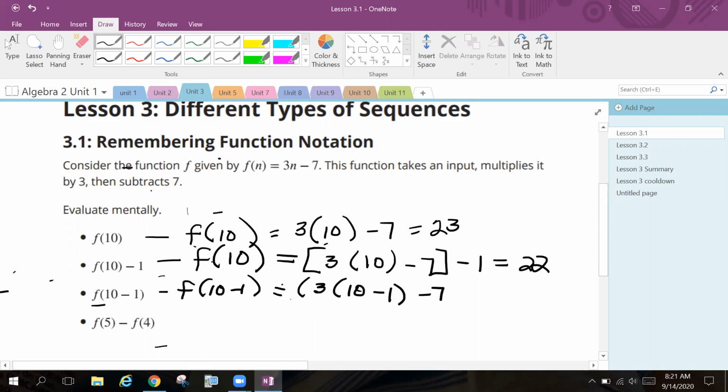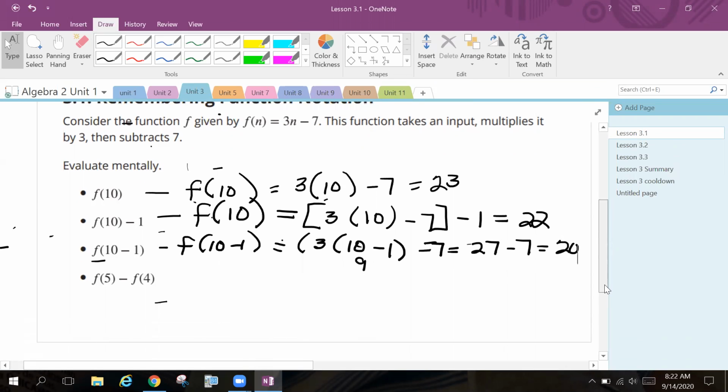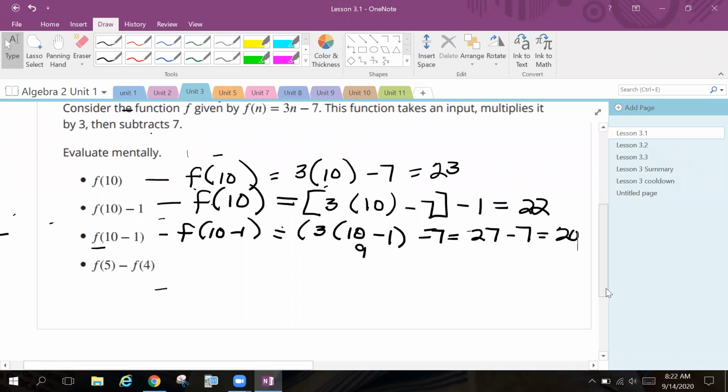So 10 minus 1 is what? 9. And then 3 times 9, 27. And then minus the 7 to get 20. Okay? All right? So you're substituting what you're given in for n and solving. Now, what did y'all get for the last one?